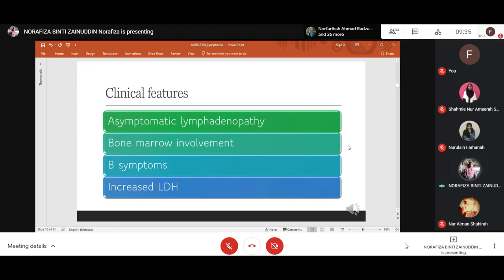Less than 20% of patients present with B symptoms, and less than 20% present with increased LDH, lactate dehydrogenase. B symptoms here refer to night sweats, fever, and also weight loss, right? And involvement of the intestine is a unique site of presentation of this disease, usually at early stage, which recommends a favorable prognosis.